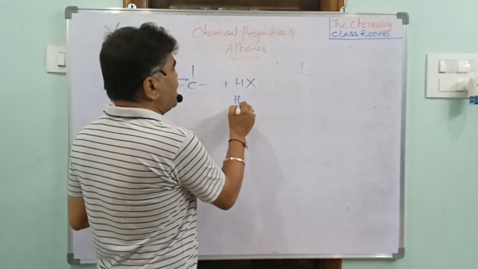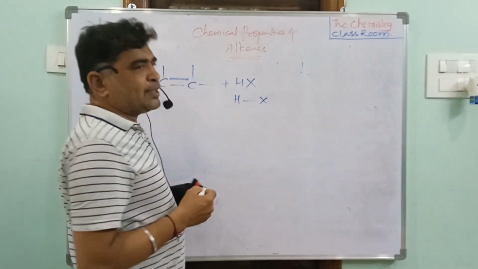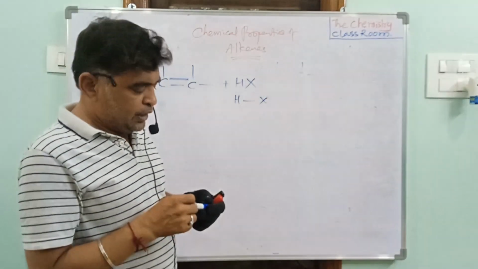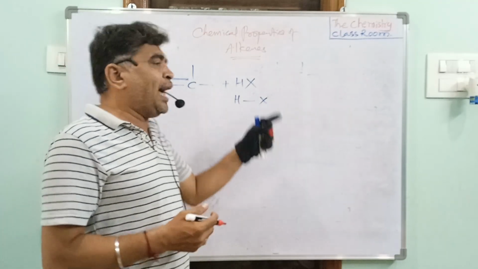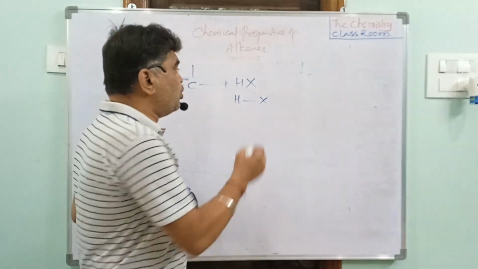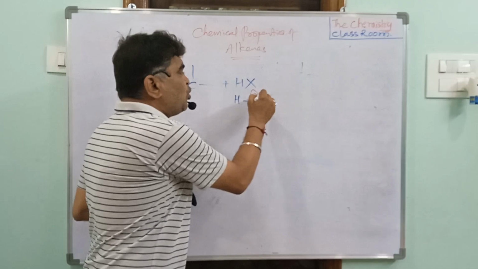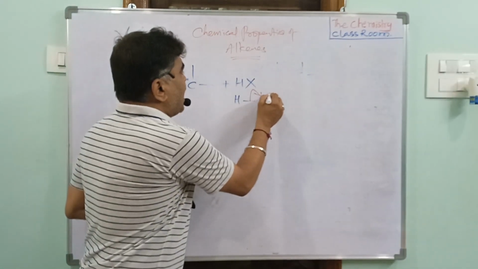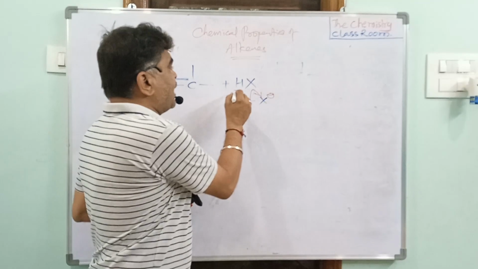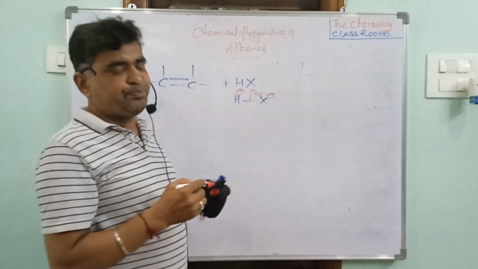In these two, hydrogen and halogen, we have an electronegativity difference. The hydrogen is less electronegative, the halogen is highly electronegative, so the electrons move towards the halogen. When the electrons move towards the halogen, it gets a negative charge and the hydrogen gets a positive charge.